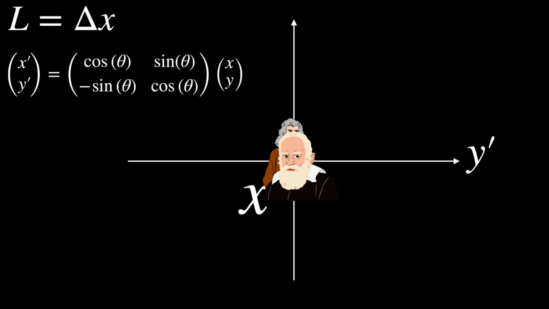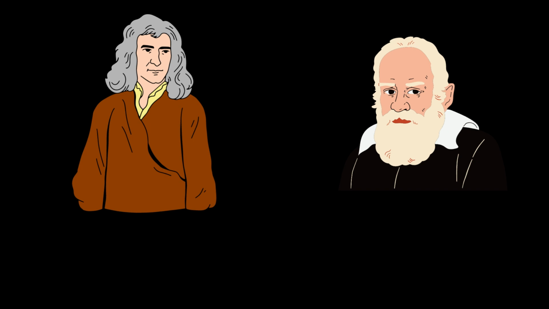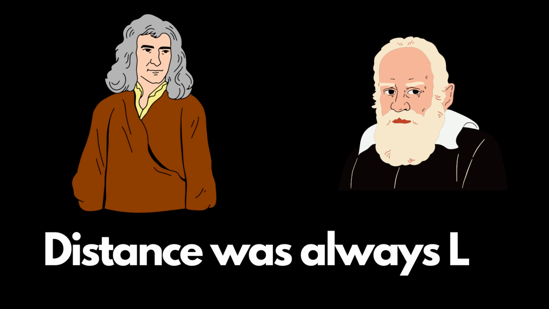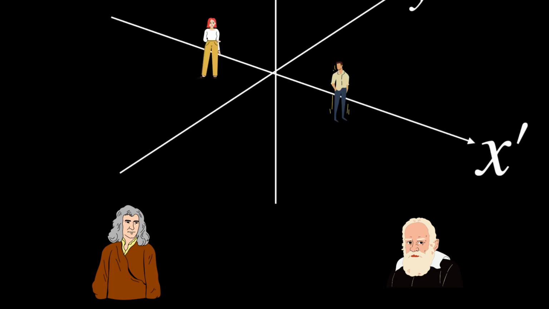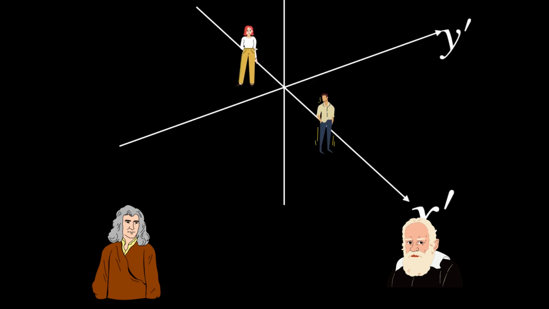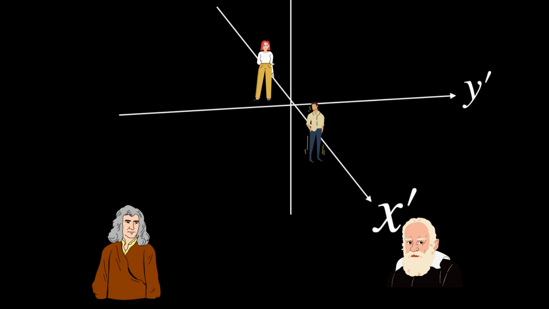Of course, the two objects, Newton and Galileo, will claim that the distance between them hasn't changed at all and was always L. In fact, imagine that there's someone near us who rotates with us. We'll call them Alice. Newton and Galileo will actually claim the distance between us and Alice gets smaller in exactly the same way as we rotate.